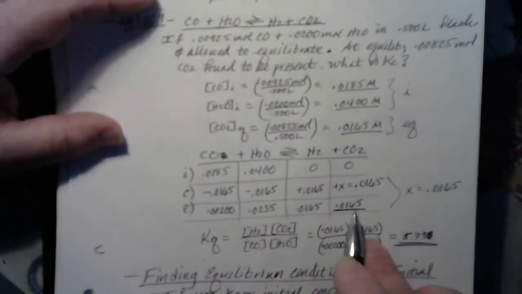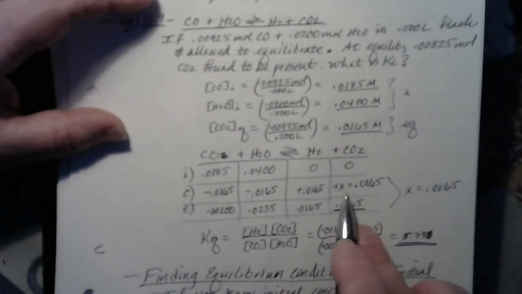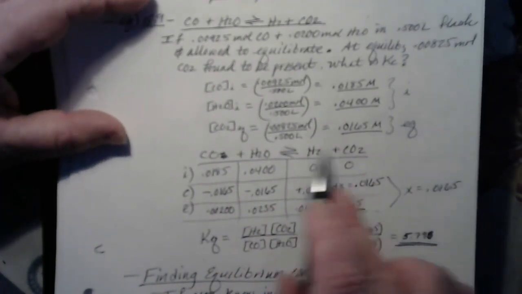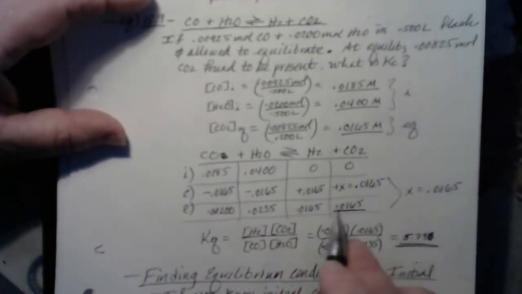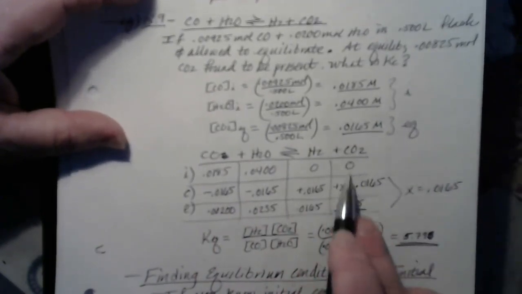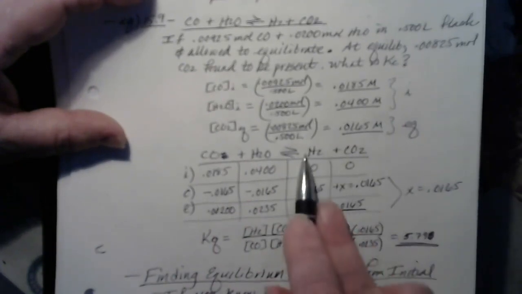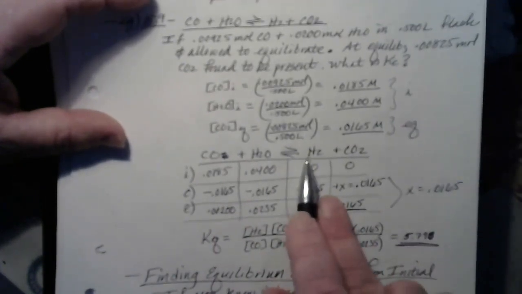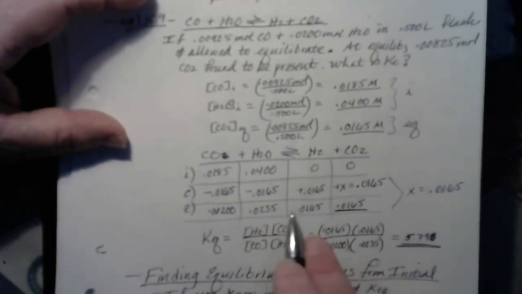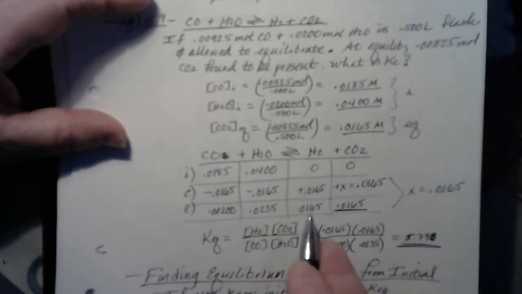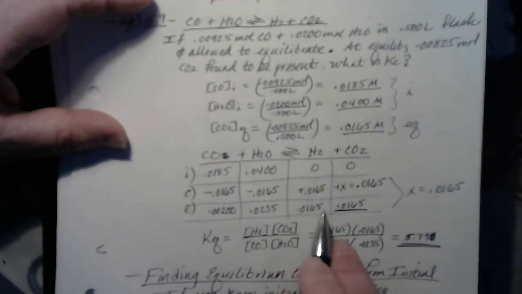Well, by the stoichiometry of the reaction, that will be X, because all of the coefficients here are 1. So 0.0165 is X. If you're gaining this product, then you're also gaining the other product. And since it's a 1-to-1 ratio, you should gain the same amount of the other product. So the H2 concentration at equilibrium will also be 0.0165.